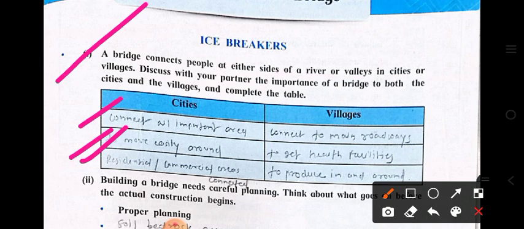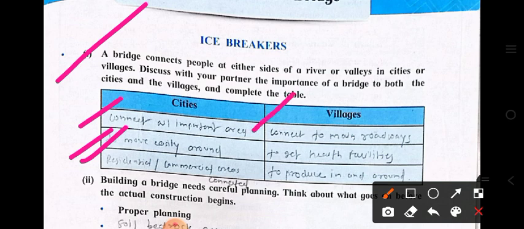A fourth point one can add is that a bridge may be the shortest way to connect two vital locations, for instance, the Bandra Worli Sea Link in Mumbai. This is one of the important examples that a bridge reduces the distance between two places. So this is another point.